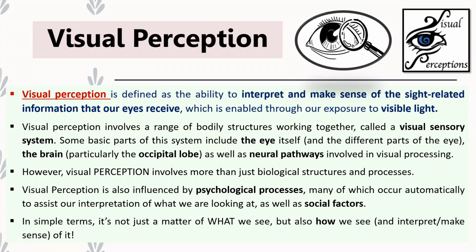How is it influenced by psychological processes, like, for example, our past experiences, our mindsets. Okay, so this is basically what we talk about when we're talking about psychological and social factors. So in other words, it's not just a matter of what we see, but also how we see that particular thing.